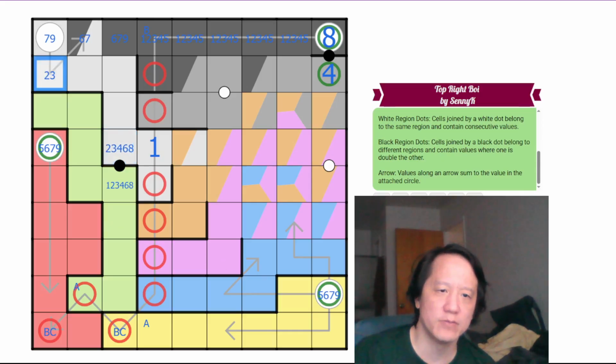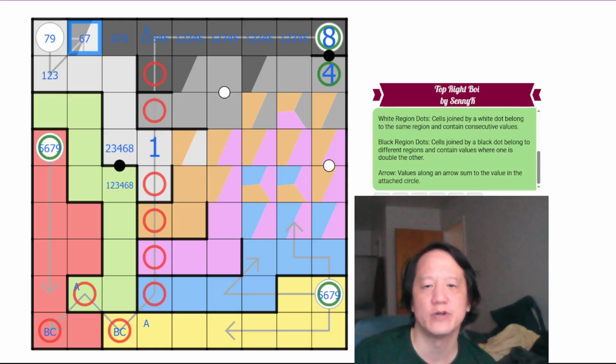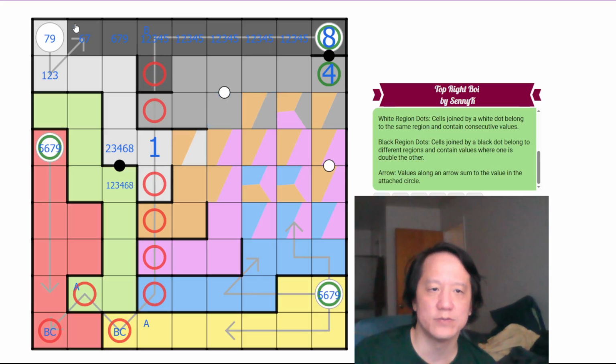So this can't be 1. But if this is top left boy, it's going to be 6 or at least doubled, which is going to be greater than that. So this cannot be top right boy here. Therefore, this is dark, which means these can't be dark here. These are both medium. So dark is done as a region.